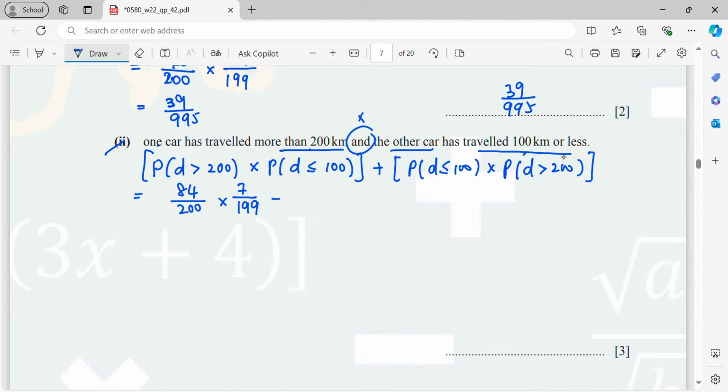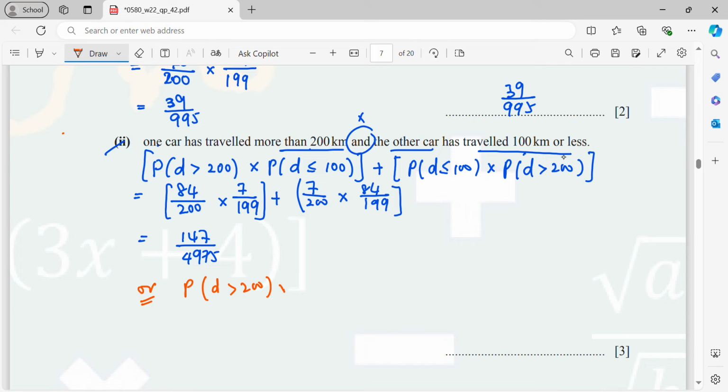Therefore, basically you are just adding the same term, which is 84 over 200 times 7 over 199. Then from here, you can just write 174 over 4975. You can use this method, or probably you can just write P(D more than 200) times P(D less than or equal to 100).